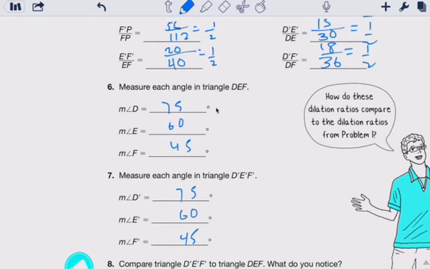What can we say about the triangles? The ratios are the same. The sides are different sizes, but the ratios are the same. And the corresponding angles are the same, are congruent. All of them. Okay, that's what you should write here.